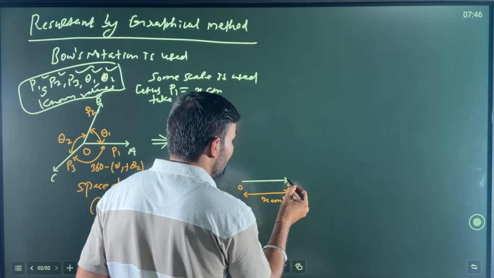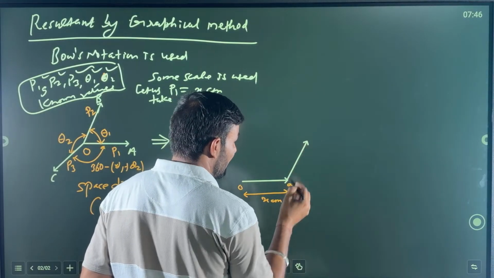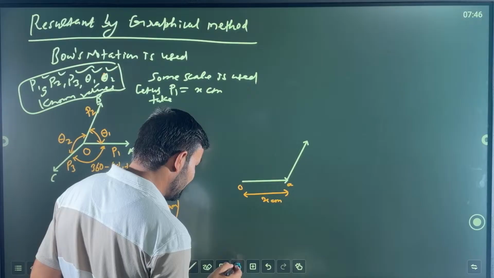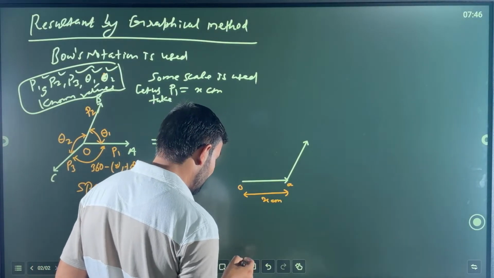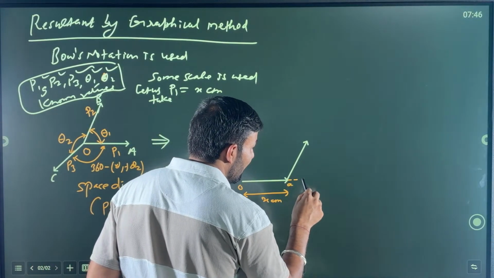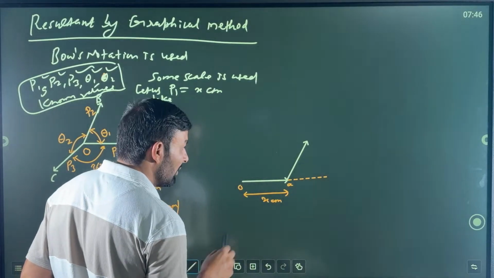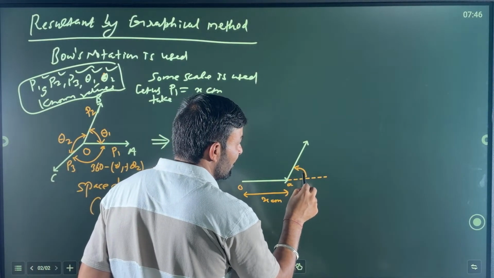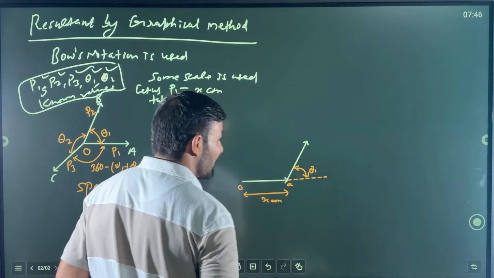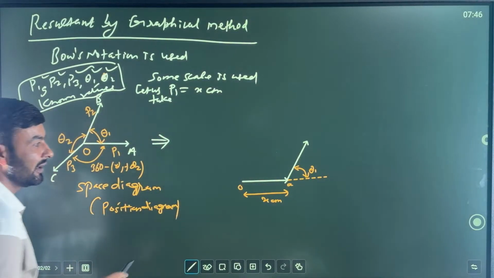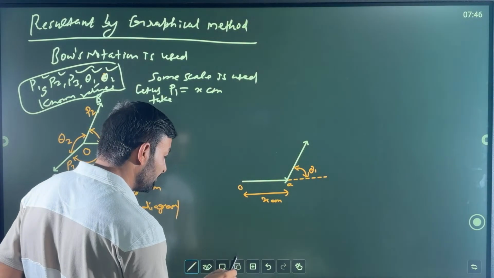Here you need to draw a line like that. And what is this angle? This angle is theta 1. Be careful.